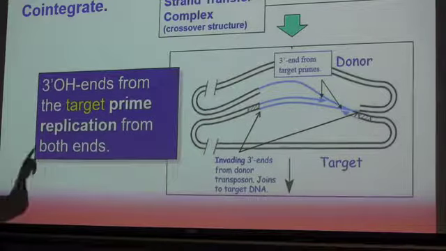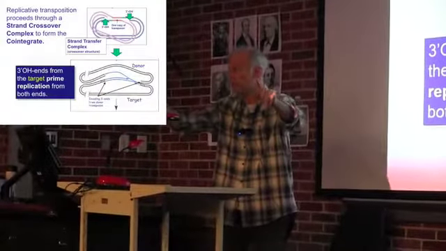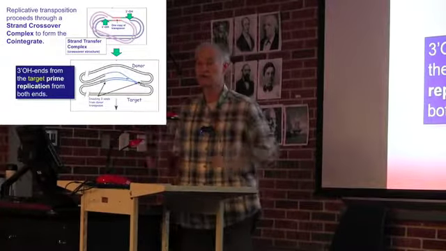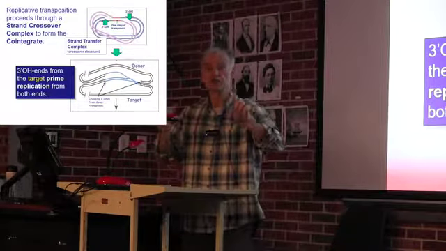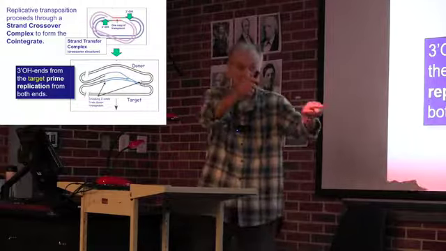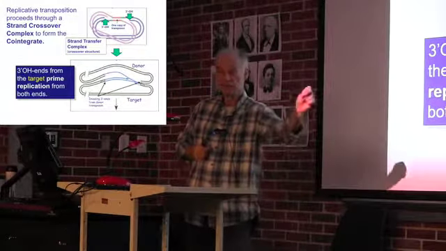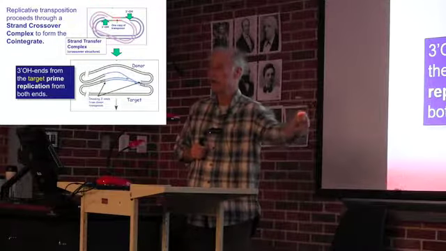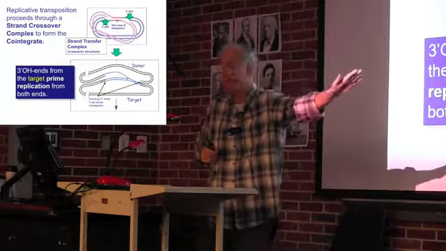So the two 3' ends that are coming from the donor cannot be used as primers, can they? Because they are already used up in this sort of strand invasion where it invades and ligates itself, joins itself to a nucleotide in the target as if it's the same DNA strand. It can't be used as primer.